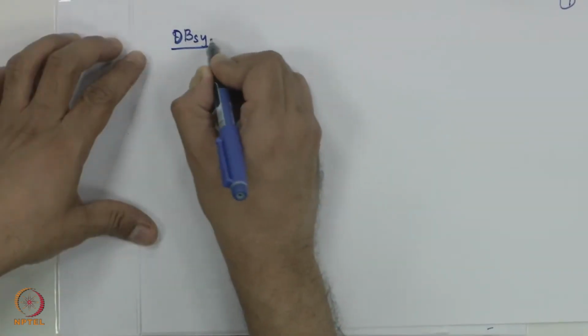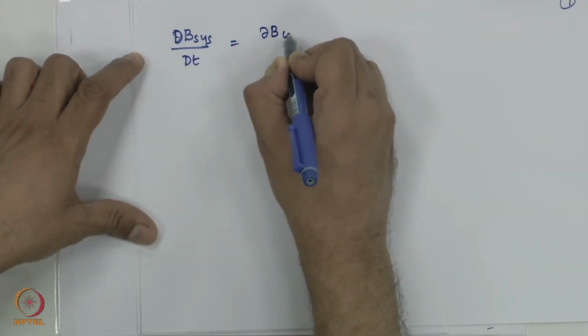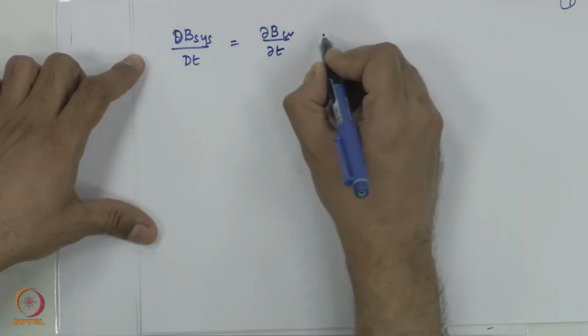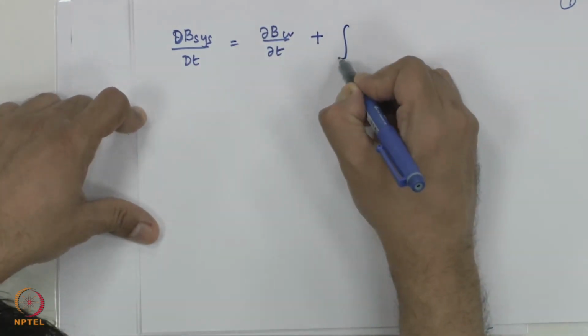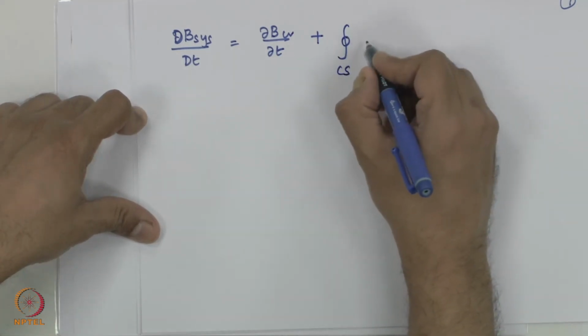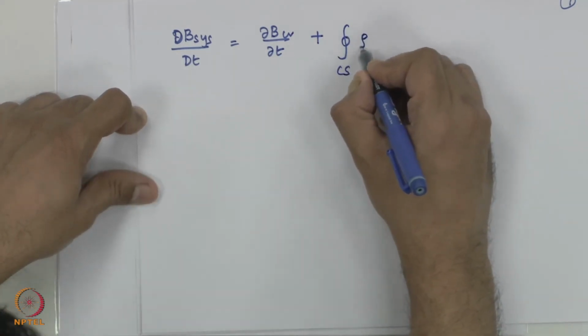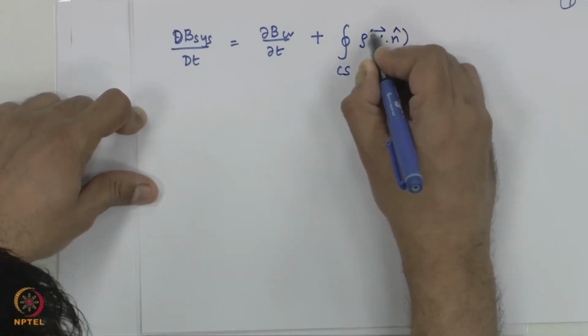And if we write for mass flow rates as was seen before, dB of the system, so the material derivative of the system with respect to time, is equal to dB of the control volume with respect to time plus, if I write this as an integral over the control surface, rho V dot n cap dA.